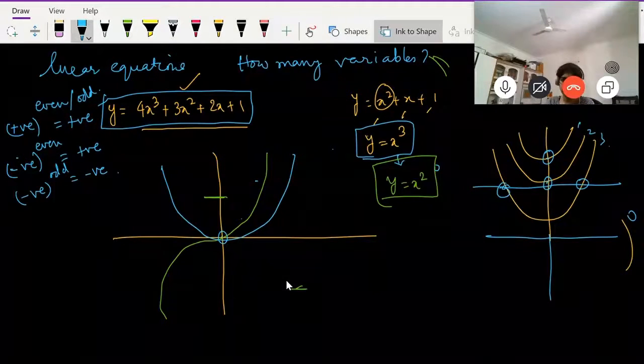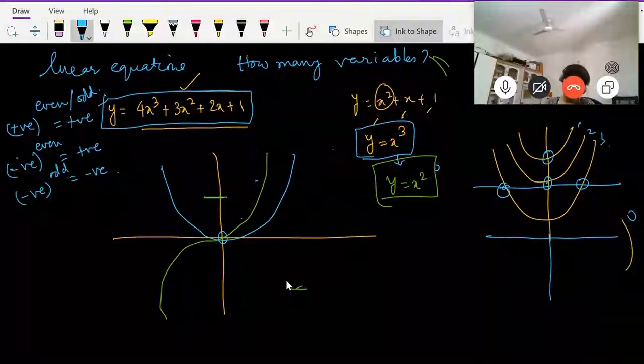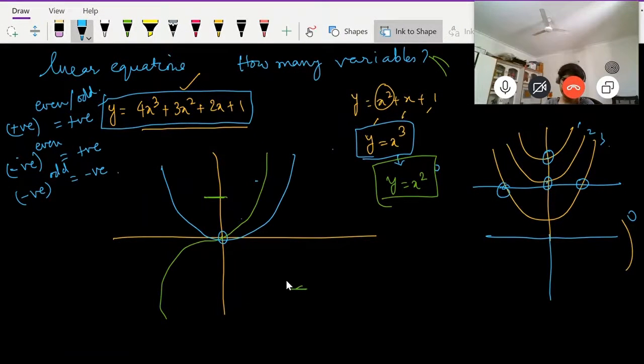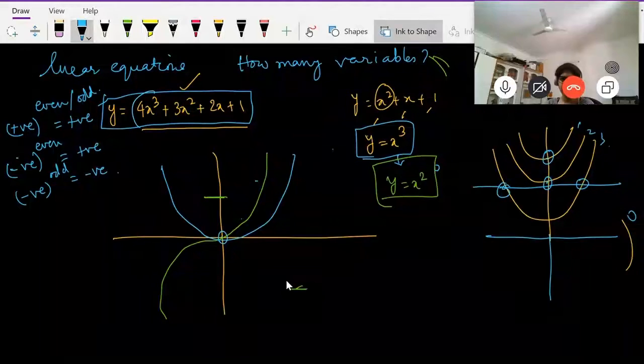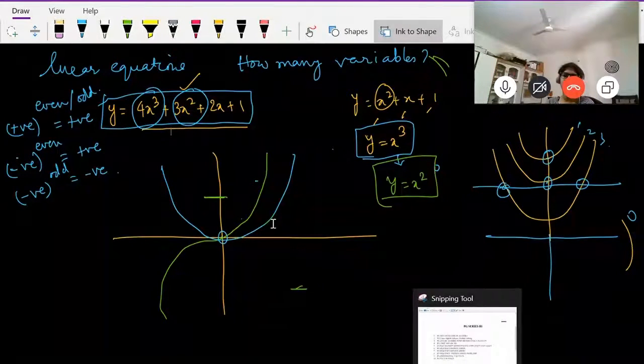Correct? So it is as if I am superimposing x cube and x square. Both are there, right?